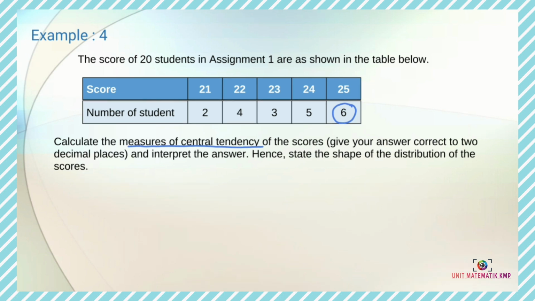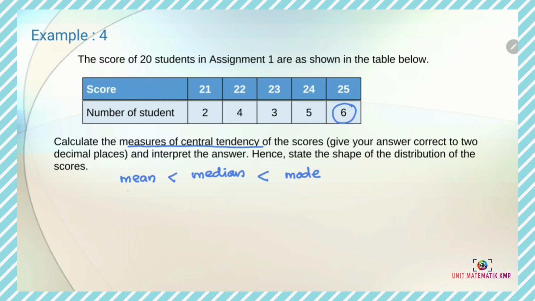Now we are going to state the shape of the distribution of the scores. We can simplify that the mean, median and mode: mean is less than median and median is less than mode.